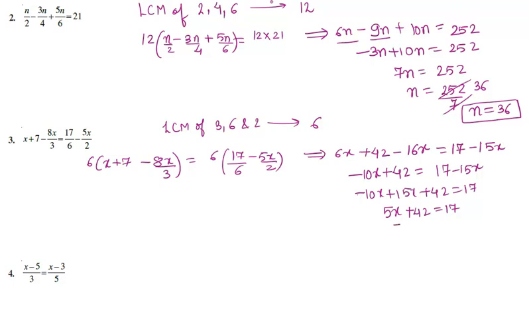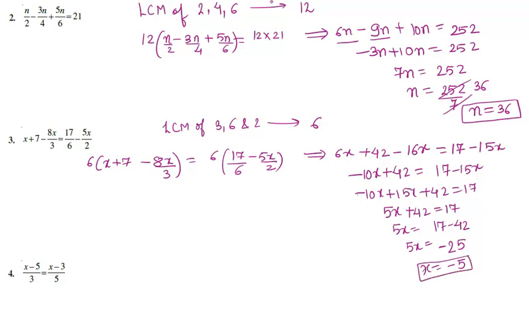Subtracting 42 from both the sides, you will get 17 minus 42. So 5x will be equals to, now 12 minus 7 is 5 and 3 minus 1 is 2, so minus 25. And now finally dividing by 5 on both the sides, you will get x equals to minus 5 as your result.